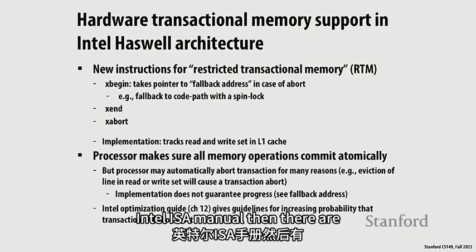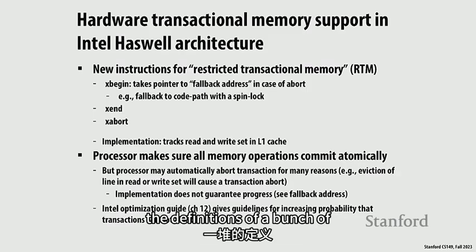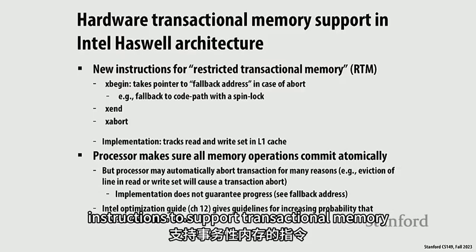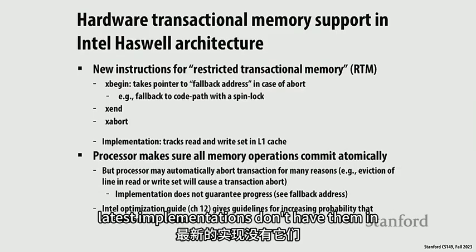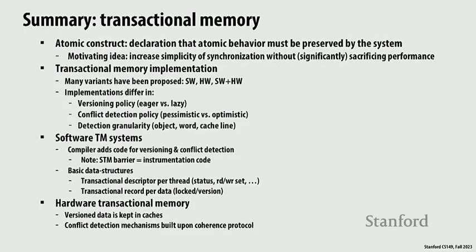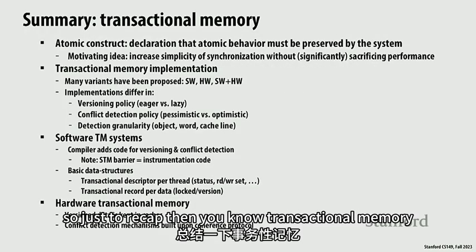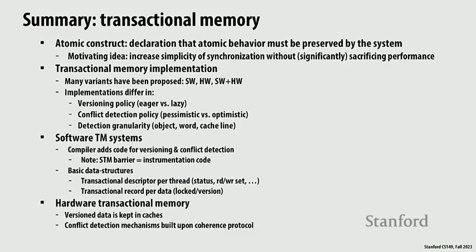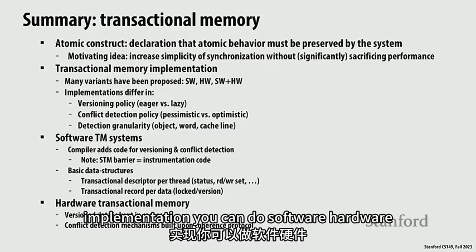There's still, in the Intel roadmap, the plan to put in transactional memory, but we haven't seen any implementations yet. If you look at the Intel ISA manual, there are definitions of a bunch of instructions to support transactional memory, but the latest implementations don't have them. Just to recap then, transactional memory can be implemented in software or hardware.